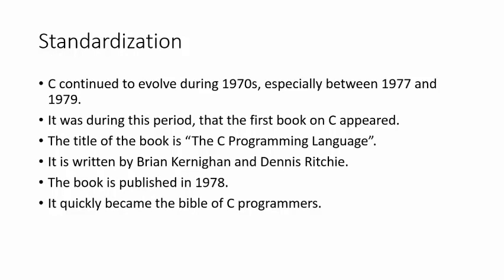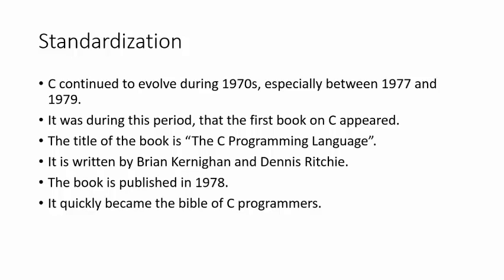C was in demand, and it continued to evolve during the 1970s, especially between 1977 and 1979. It was during that time that the first book on C appeared, titled The C Programming Language, written by the designers Brian Kernighan and Dennis Ritchie. This book was published in 1978, and it quickly became the Bible of C programmers.